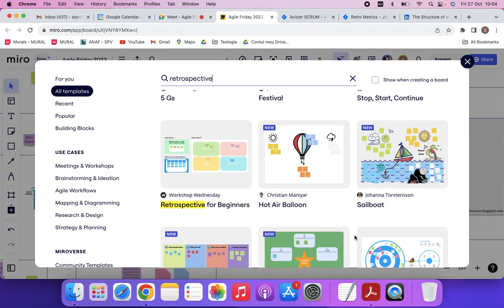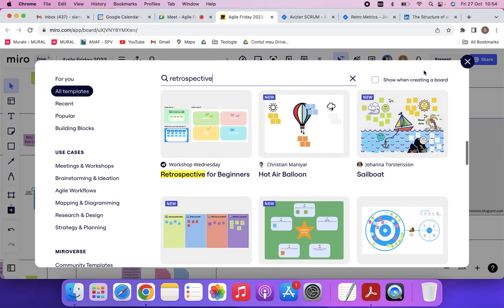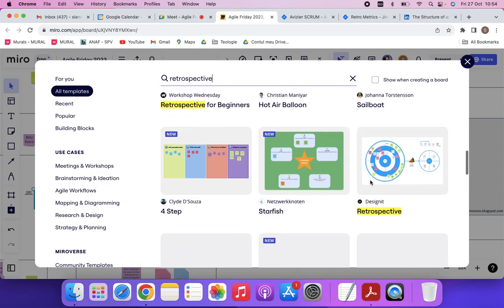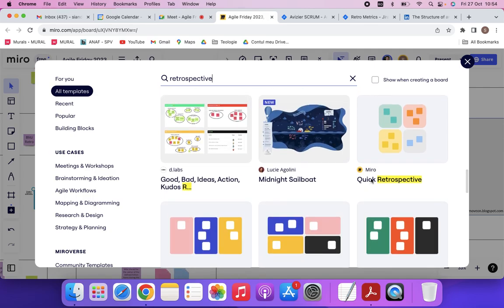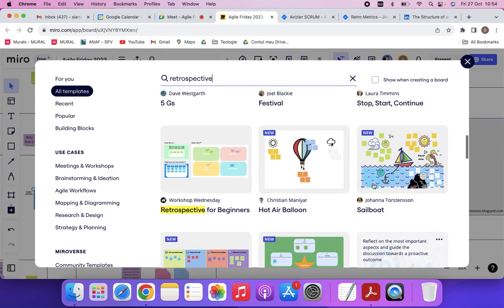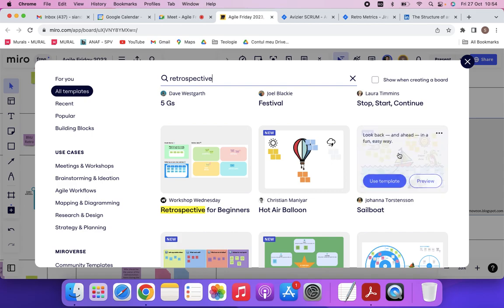You have the analogy with the sailboat, and maybe in another session I will also use such a template. I was using this sailboat template a lot. Sailboat, yeah. Is it written here in Miro? Yeah, it's a template in Miro.